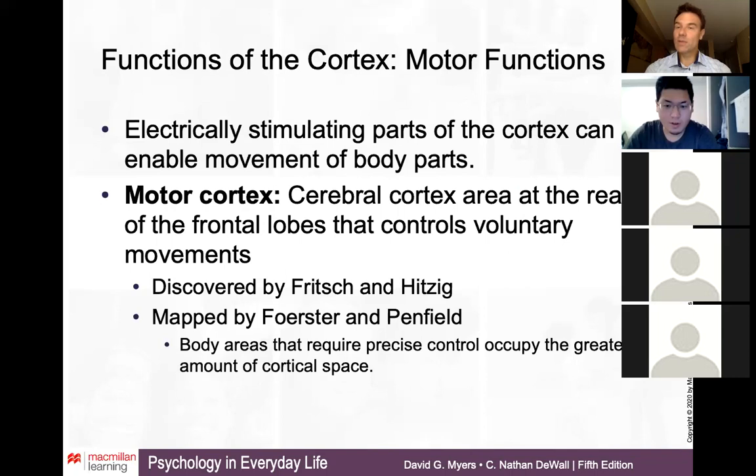Now they were able to do that in the 30s and 40s during neurosurgeries, because the brain doesn't have any pain receptors. So once you open the cranium, you can conduct experiments on the brain. You can stimulate the brain while the patient is awake.